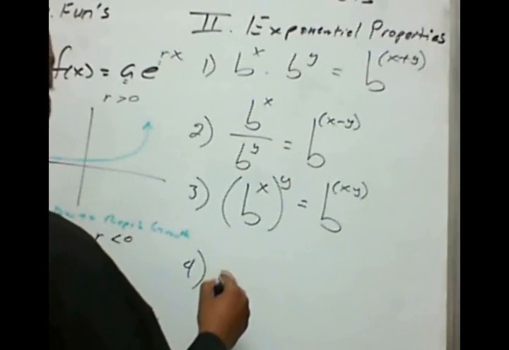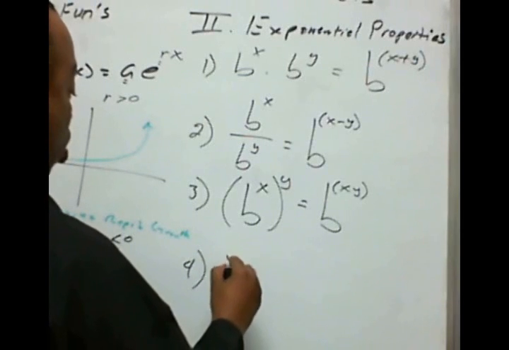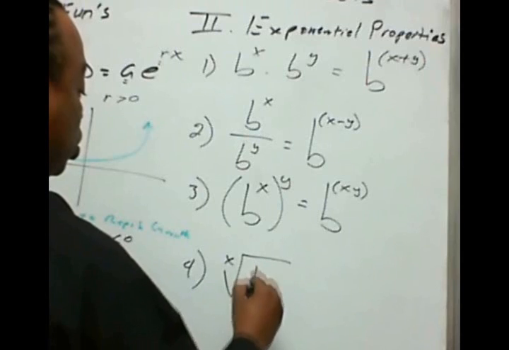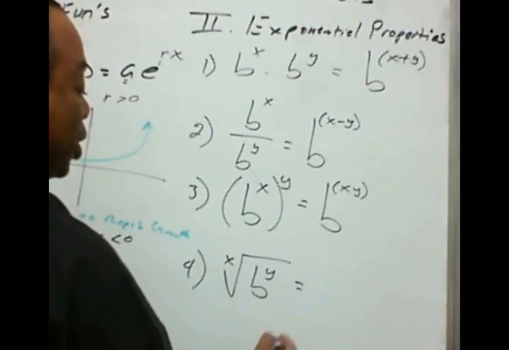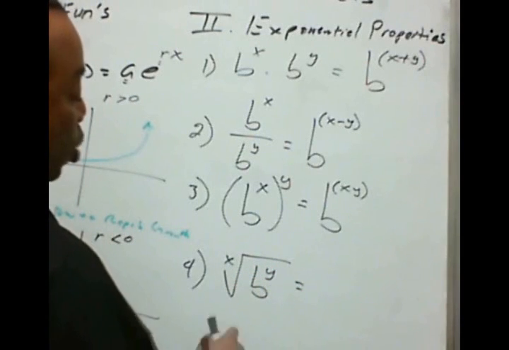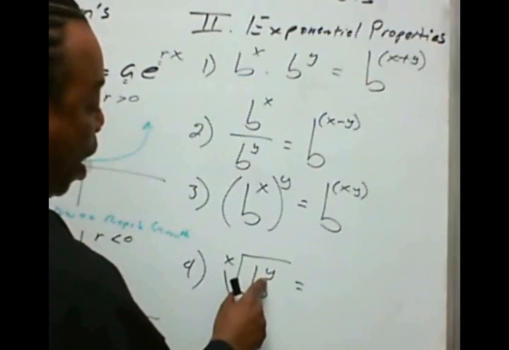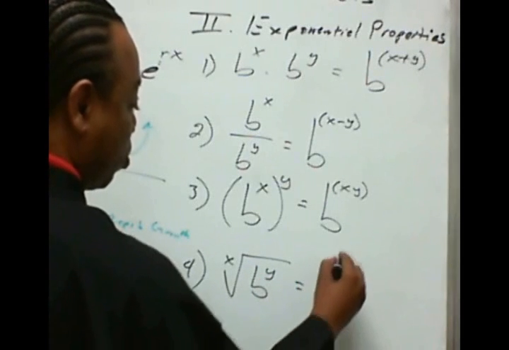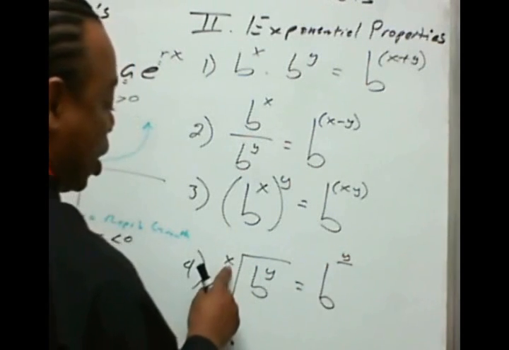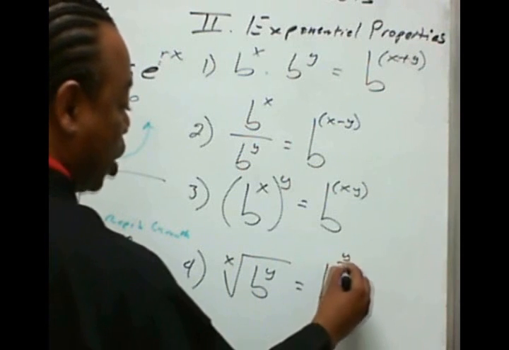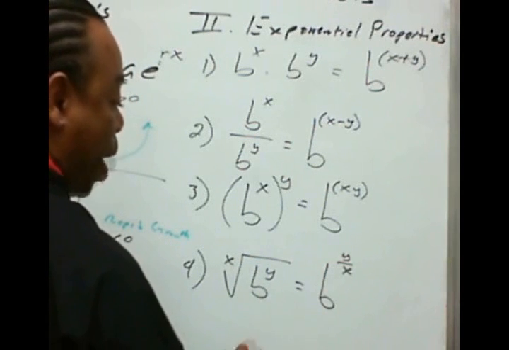The fourth property says that all roots can be converted into exponentials by using the inner power as your numerator and the index of the root as your denominator. And this will also go backwards and forward.